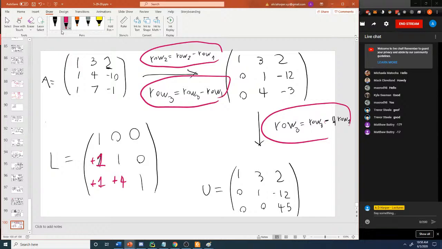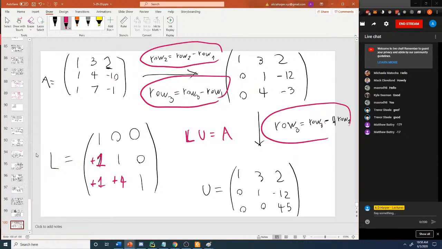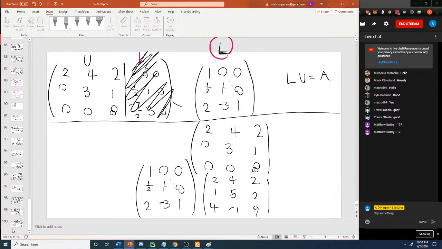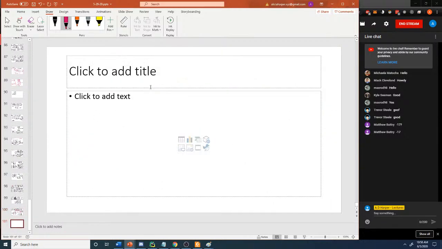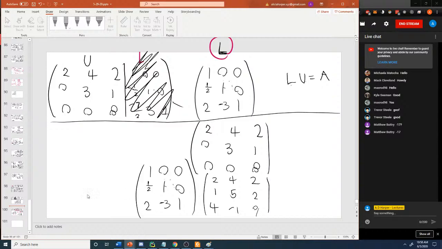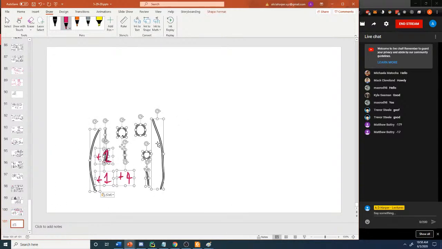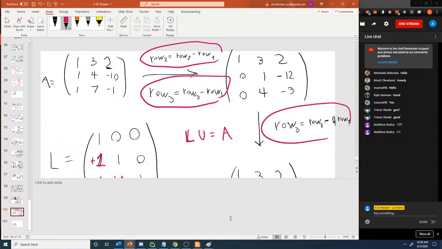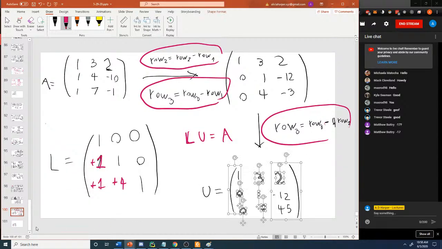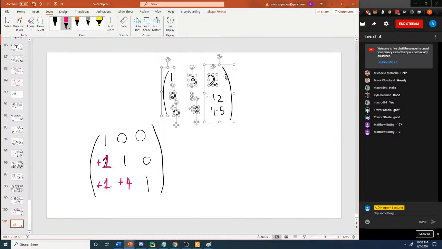And what I want to verify is that when I multiply L with U, I get A. So let's do it. I have my L, and I have my U, and we're going to form the product.